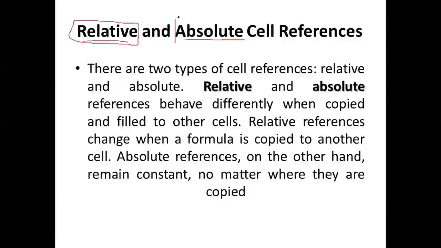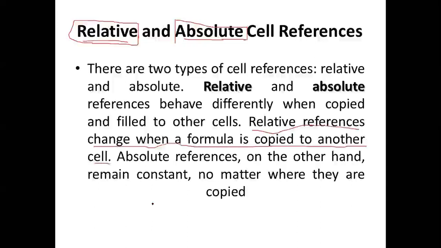There are two types of cell referencing, and they behave differently. If you are able to see from my notes here, relative cell references change when the formula is copied onto another cell.